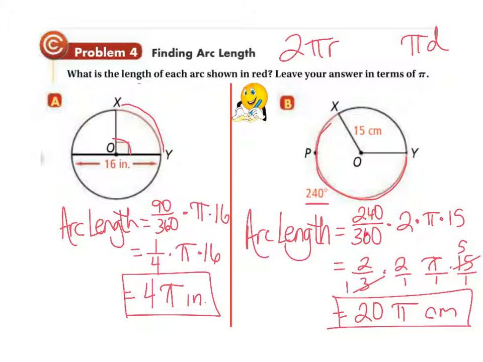Now you may choose to not mess with reducing that. We've just gotten some nice numbers, so they've always been reducing nicely. If you didn't reduce it to 2/3, you're going to be okay. What you could have done is typed in your calculator 240 divided by 360 times 2 times 15, and you would have ended up at that 20 right there.